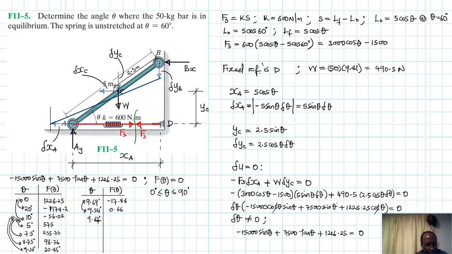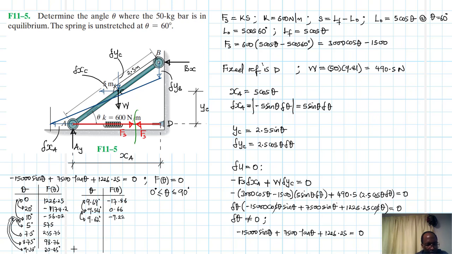Let's plug in that one. Minus 15,000 sine 9.62 plus 7,500 tan 9.62 plus 1226.25. Okay, so we have a minus 9.22, so meaning we need to get the average of the two.